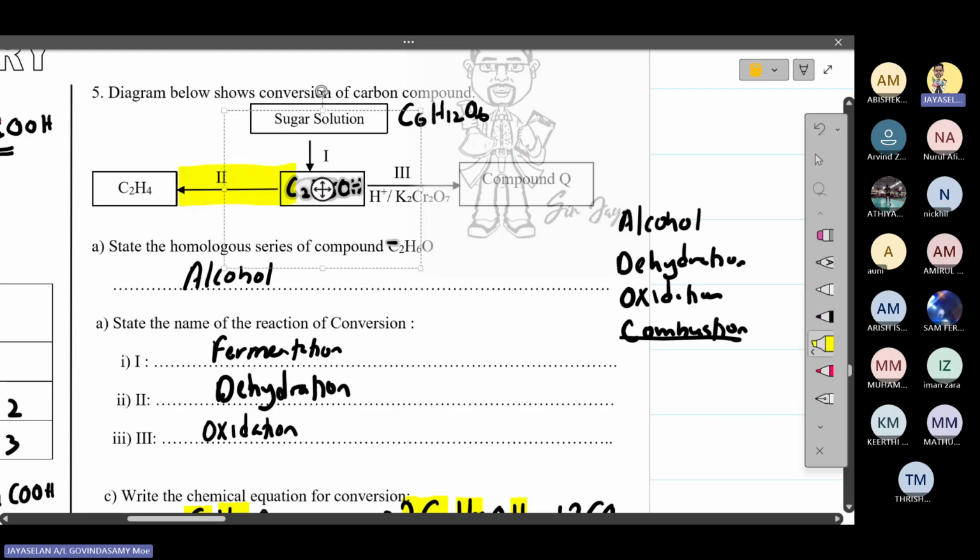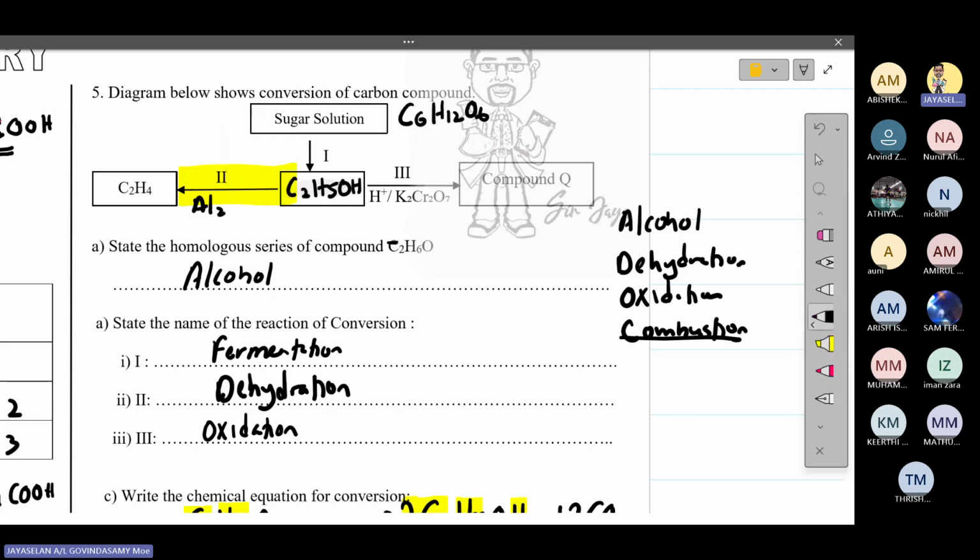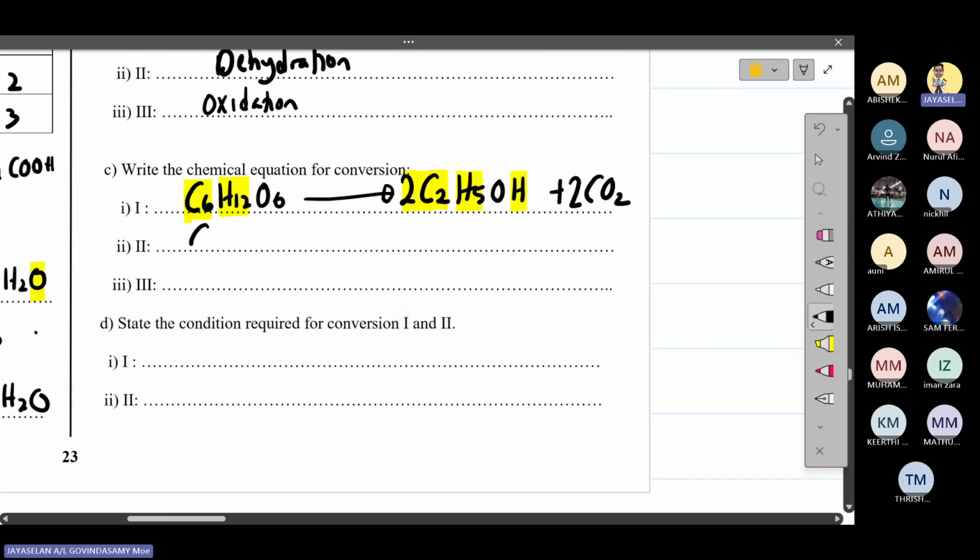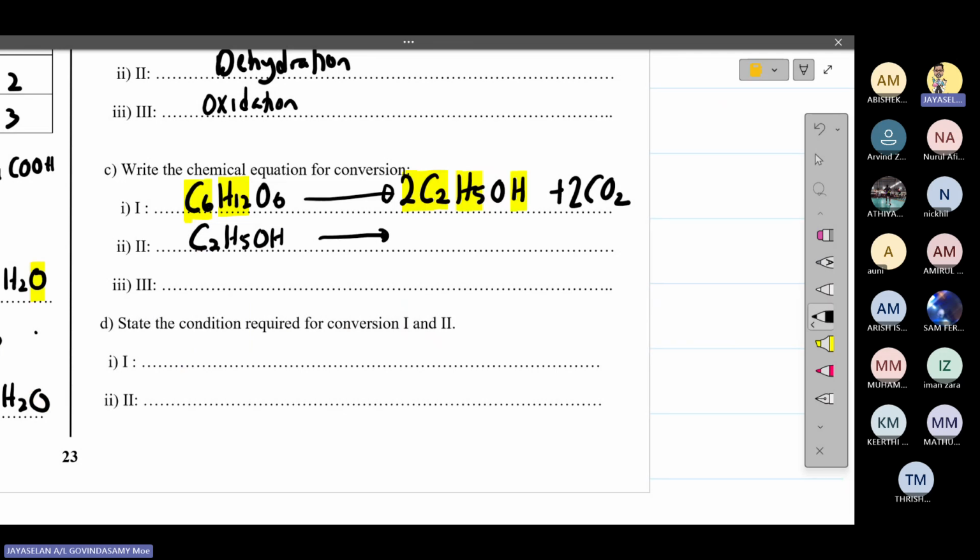Conversion number 2, dehydration. For dehydration, you need Al2O3, porcelain chip. Porcelain chip, must memorize, porcelain chip. So what you all do here, C2H5OH arrow, dehydration means removal of water. Just put water. So you remove water, HOH.